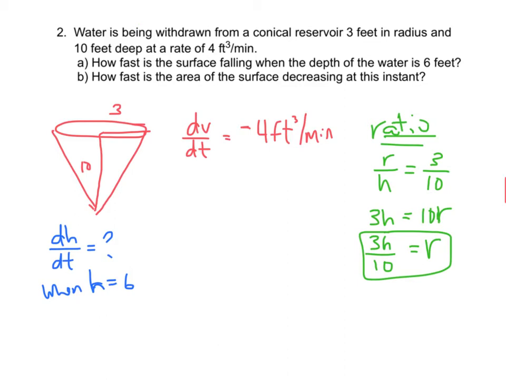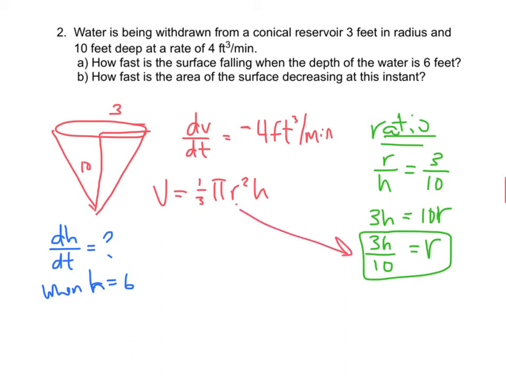Speaking of that formula, let's pull out the formula for volume. Volume is equal to 1/3 pi r squared h. Because we're solving for dh dt, we want everything in terms of h, so I want to replace that r with the formula I just found.